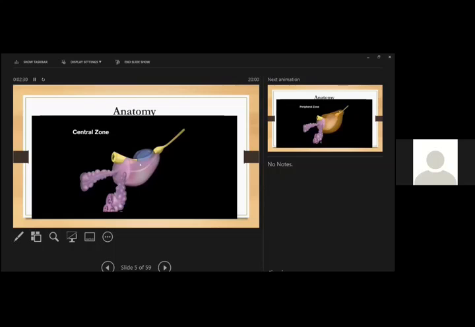Surrounding the transition zone is the central zone. The central zone surrounds the prostatic urethra posteriorly, and this central zone is actually an atretic seminal vesicle.